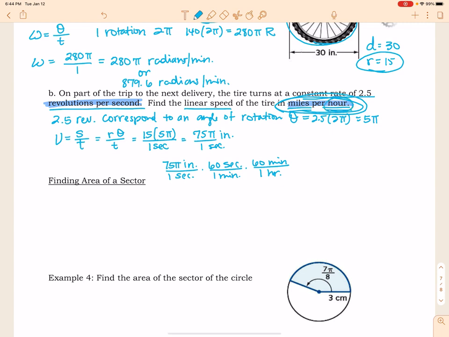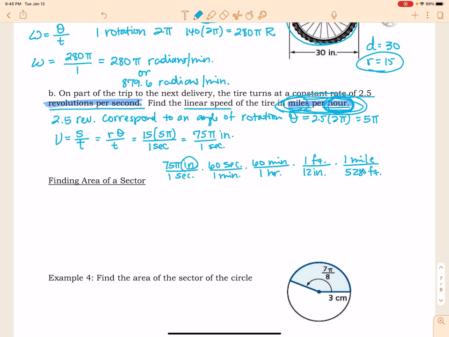I've got to have it in terms of hours, so that's why I have to go from seconds to minutes to hours. And then I want it in miles. Right now I've got it in inches, so I'm going to need to go from inches to feet to miles. So I know that there's 1 foot in 12 inches, and in 1 mile, there are 5,280 feet.